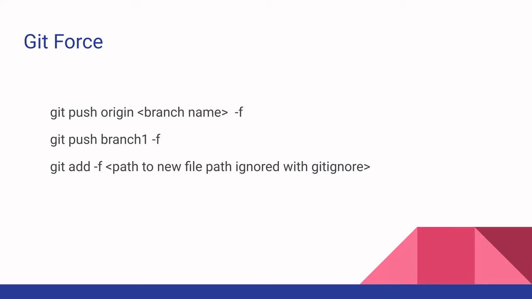So if you have included files there, then usually if you type a git add and try to add a file like that, then GitHub will give you a message that these files are ignored in the git ignore.